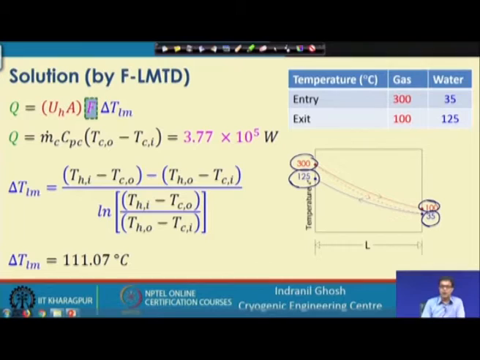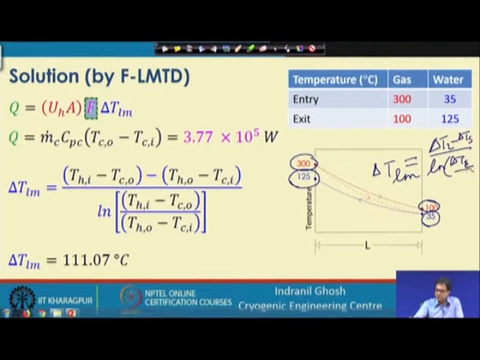Had this been a counter current exchanger, we would have easily determined the log mean temperature difference by say delta T of the larger one minus delta T of the smaller divided by log of delta T large by delta T small.